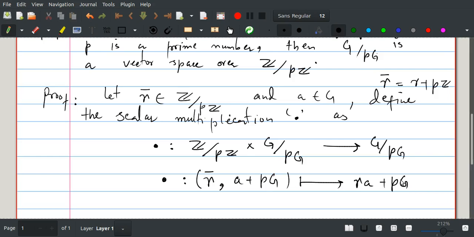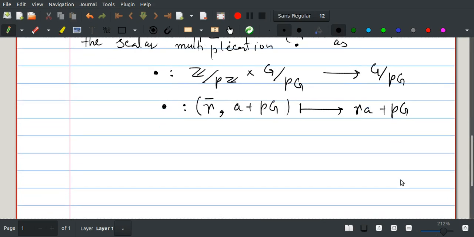First of all, we'll show that this scalar multiplication is a well-defined function.